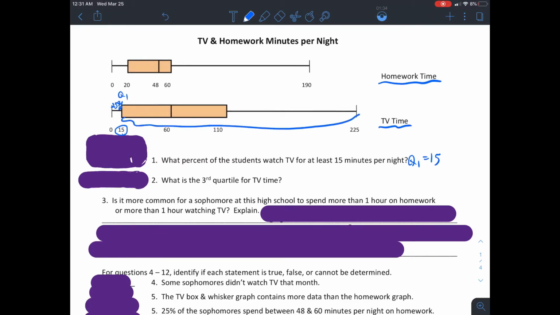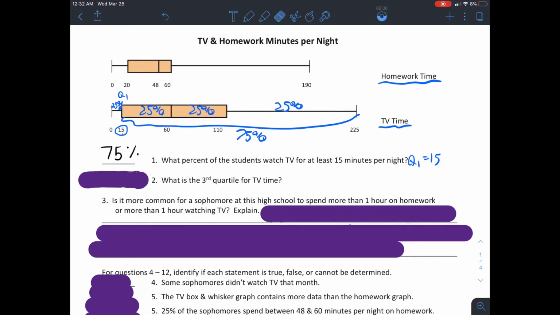And if we combined all 3 of these quartiles, then they would contain 75% of our data. Let's see if that's right. Yes. 75% of the students watch TV for 15 minutes a night or more. 25% watch 15 minutes or less.